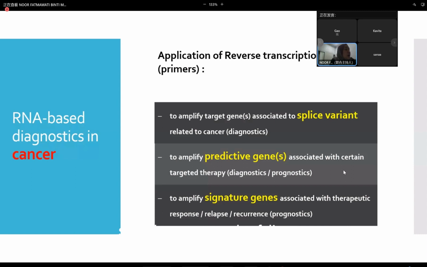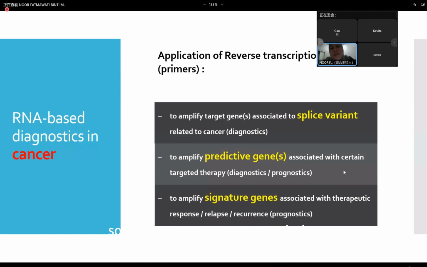In the example of disease I'm sharing here, cancer, RNA-based diagnostics in cancer. Reverse transcriptase real-time PCR can be used to amplify target genes associated with splice variants. Remember, I mentioned mRNA splicing, you will have several splice variants involved, and maybe you have a specific splice variant for that particular process, maybe metastasis or whatnot in that particular cancer.